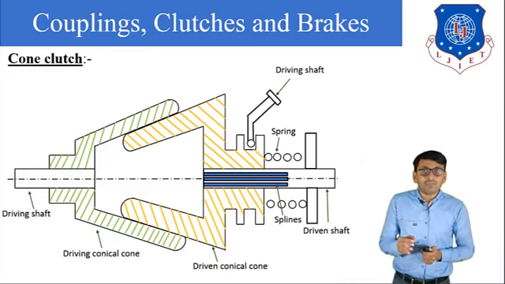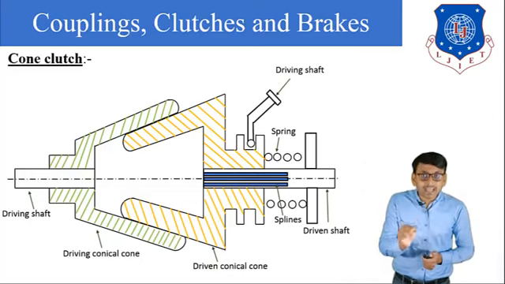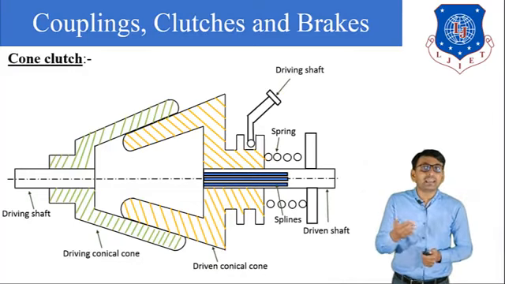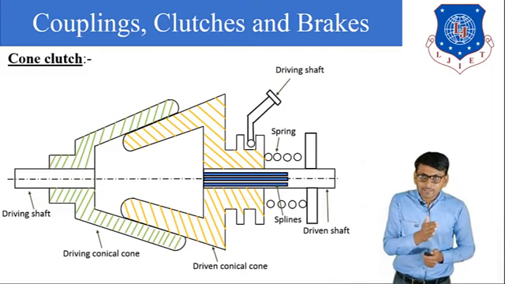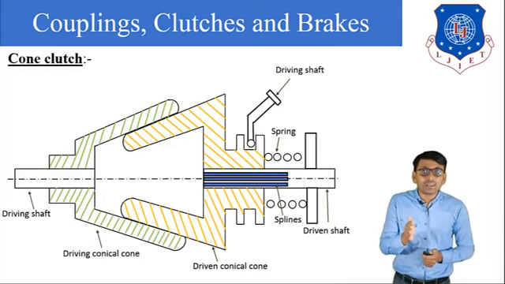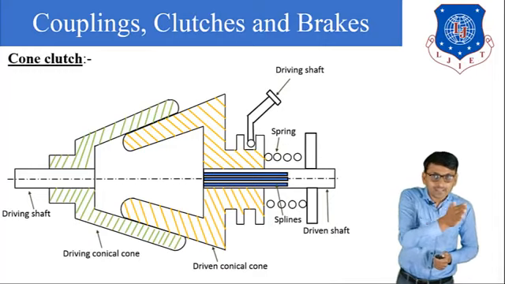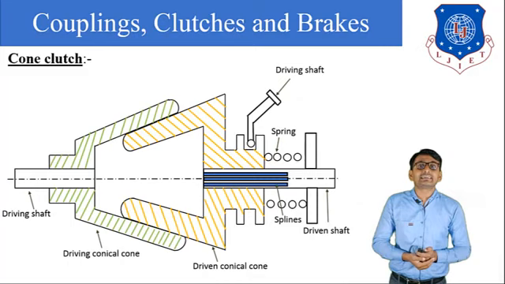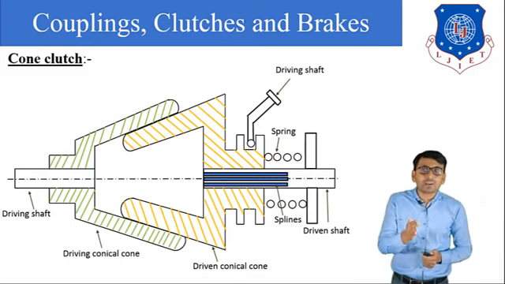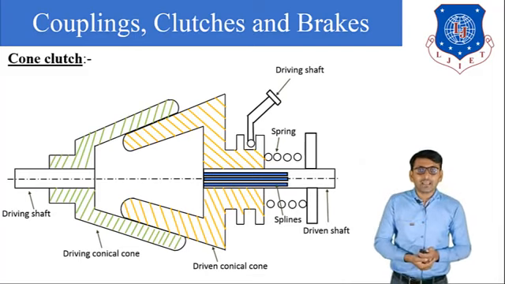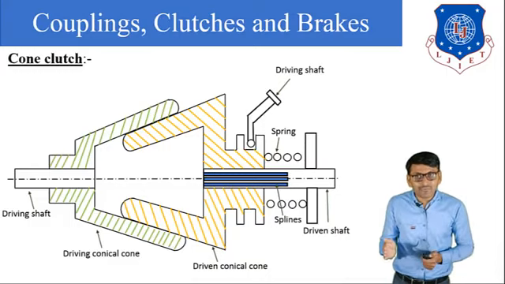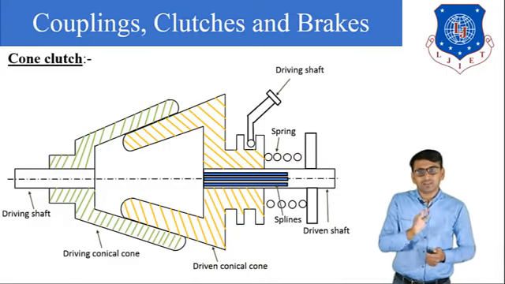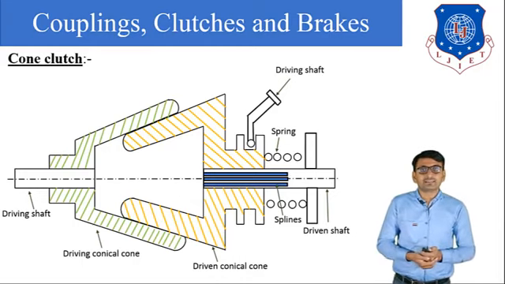But when the clutch is pressed, there is a force acting on the lever, so the spring compresses and the driven conical cone moves to this side. So there is a disconnection between the driving conical cone and the driven conical cone. So motion and power do not transfer from one shaft to another shaft. So in this clutch also there are two paragraphs.